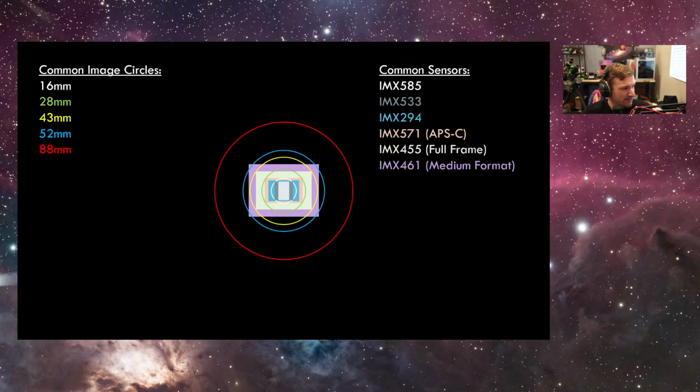So, is there any way to calculate the image circle if the manual doesn't specify it? I'm sure there is. I'd have to look it up. I think the best way to do it is you'd have to set the lens or whatever up in a dark room and point it out a window and let it project the image onto the wall.